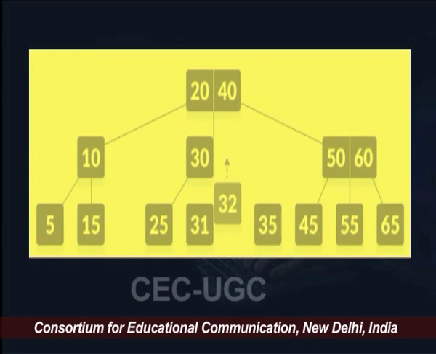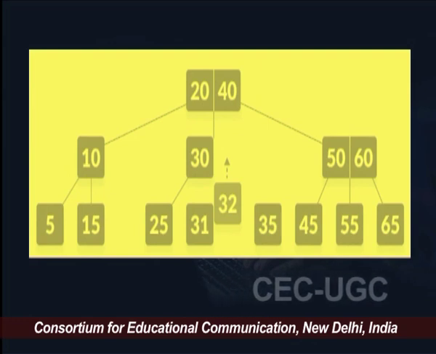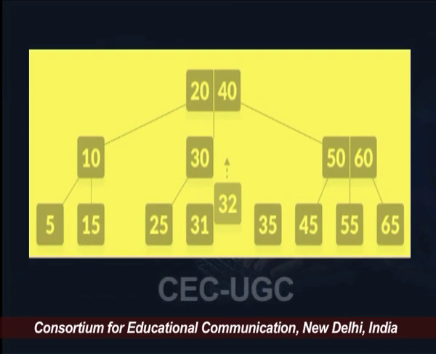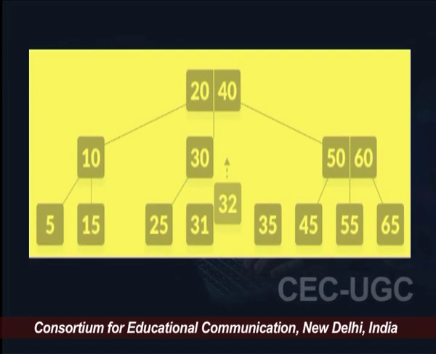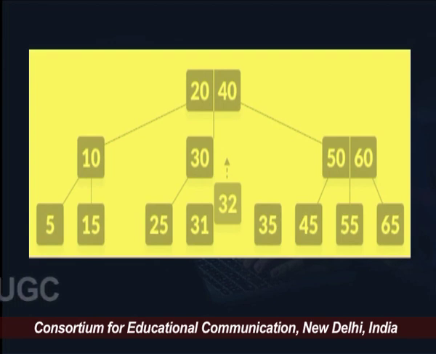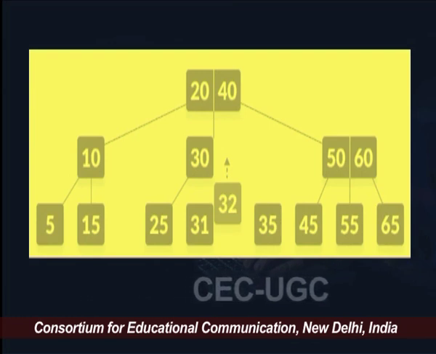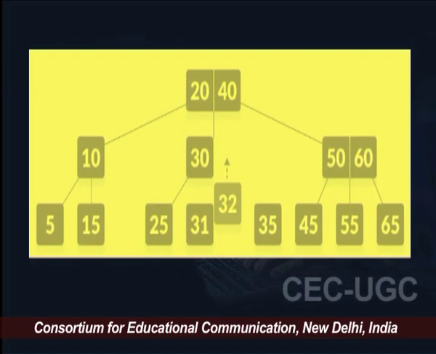So, in that situation we take from the node which is having the in order successor of whatever node we are left with. The in order successor of 30 is going to be 32. That 32 we are going to take up in the parent node. Now the parent node is having 2 keys, 30 and 32.